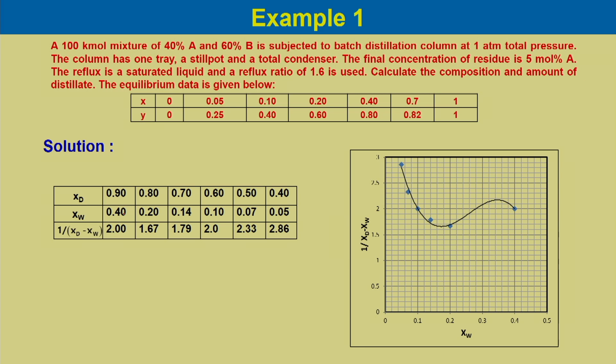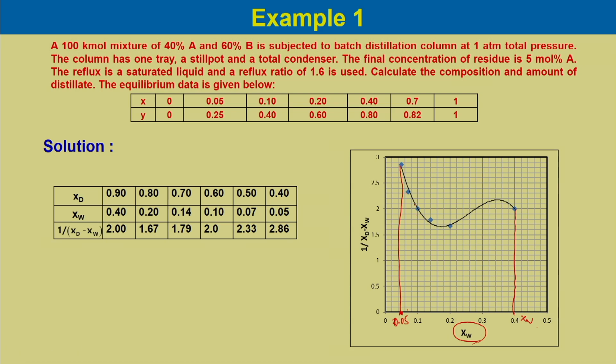So, we can calculate 1 by xd minus xw from this data and we can plot 1 by xd minus xw versus xw as shown over here. This is starting from 0.4, that is xw, up to 0.05. So, which is over here, the middle of this. So, xw is 0.05.